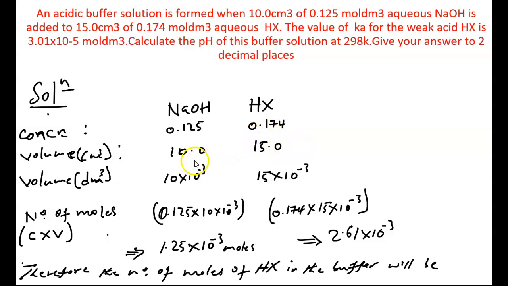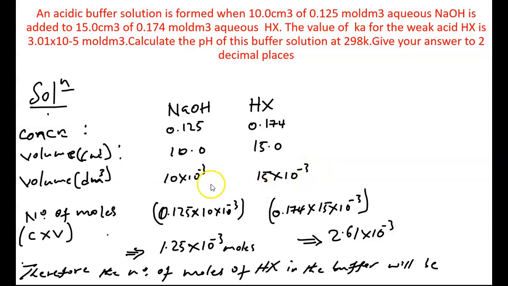What we need to do before we go on is to convert the volume from cm³ to dm³. If you do that, we have the volume of the sodium hydroxide as 10 × 10⁻³ dm³, and that of the weak acid as 15 × 10⁻³ dm³.